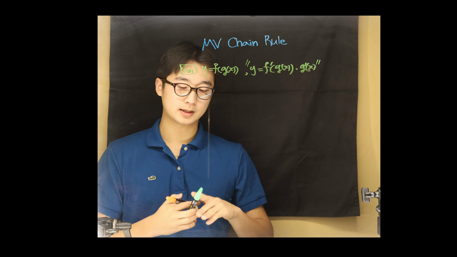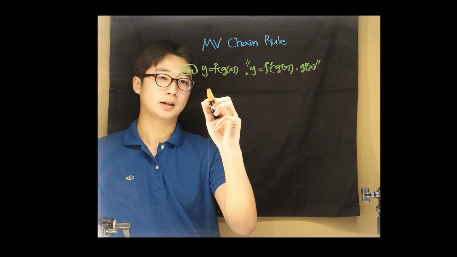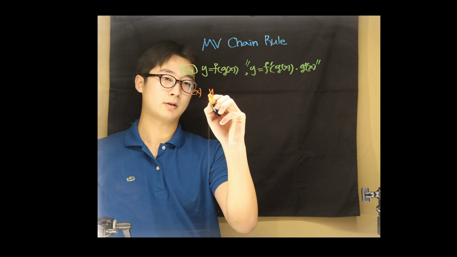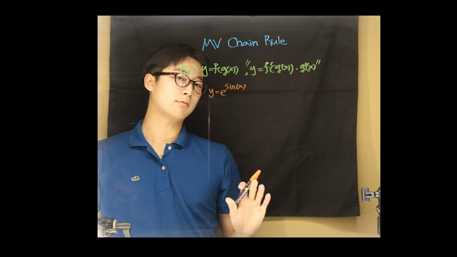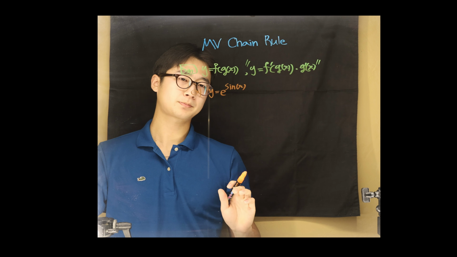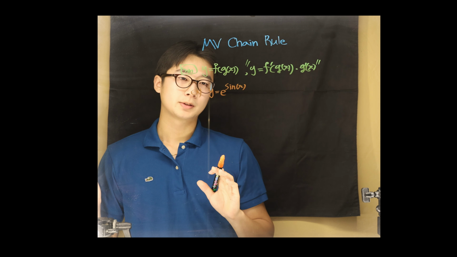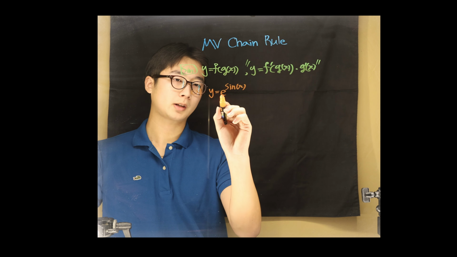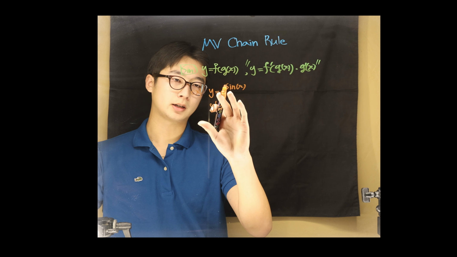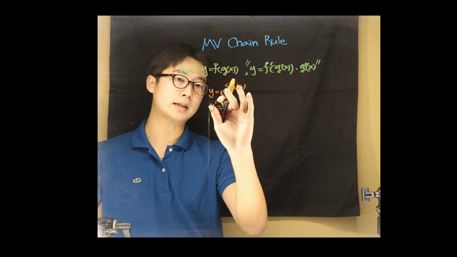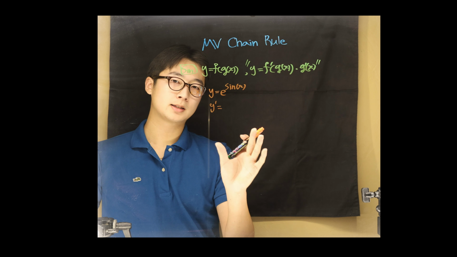For example, let's say we're given a function y equals e to the sine of x. Then what's the derivative of this function? We know that we need to apply the chain rule. So y prime is just equal to the derivative of the outer function, which is e, which is still the same.